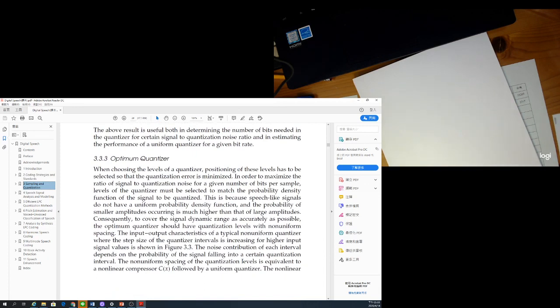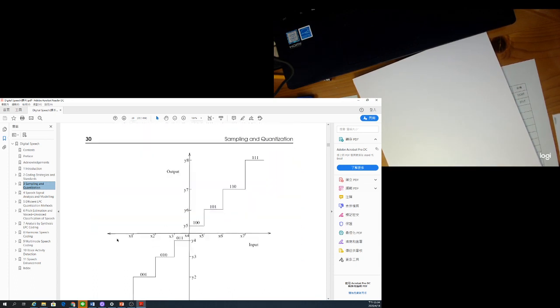Another one. Sometimes we try to make sure we have a good quantizer. We already talked about it: if we know the probability density function of the input signal, we can design an optimal quantizer by partitioning the probability density function into many regions so that the integration area is equal. In each region, we take the centroid.